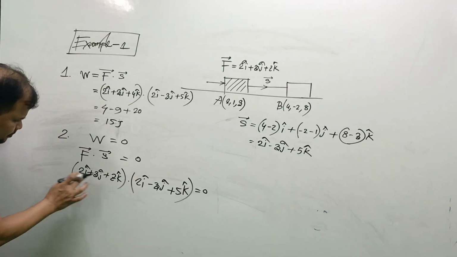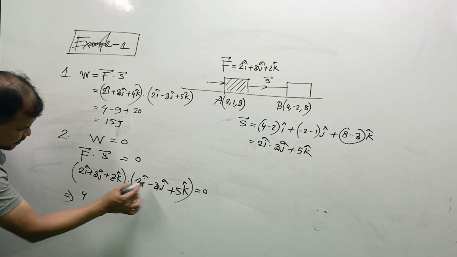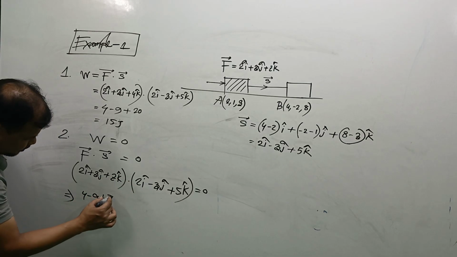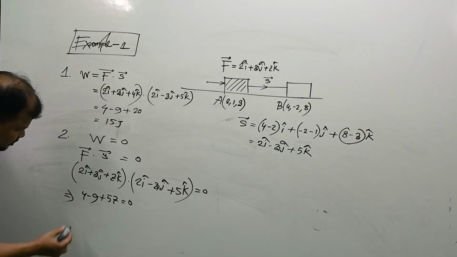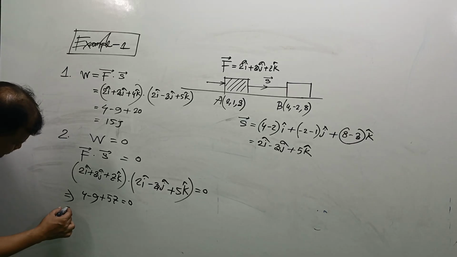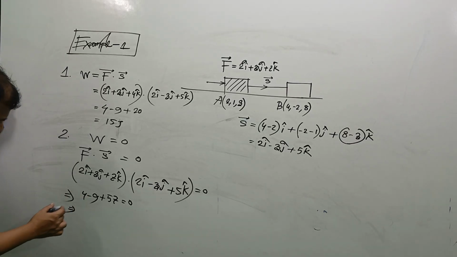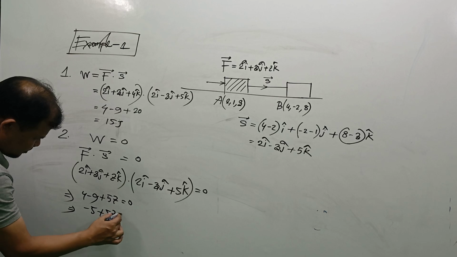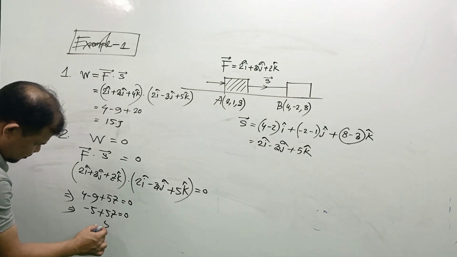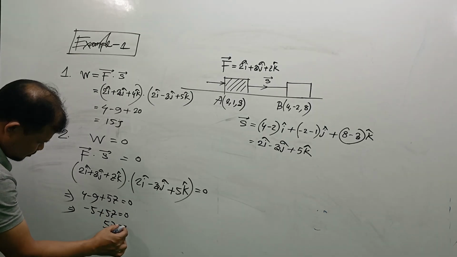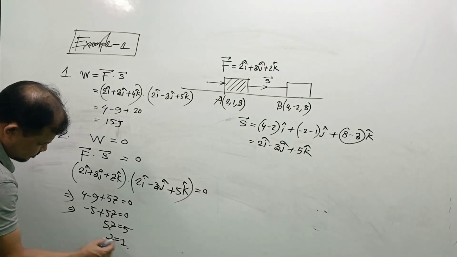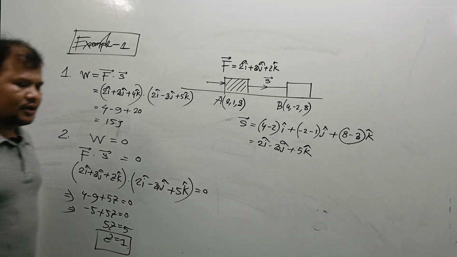Now this is 4 minus 9 plus 5z is equal to 0. So minus 5 plus 5z is equal to 0, 5z is equal to 5, so the exact value of z will be 1.